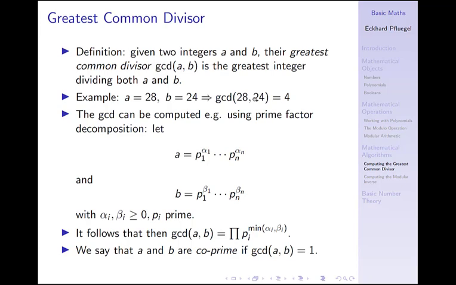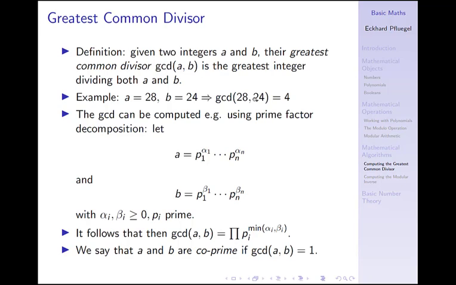And I've given you a formal description of the way you typically do it at school based on the prime factor decomposition. So really, if you have actually managed to decompose the two numbers a and b into their prime factors, then the task is quite easy.